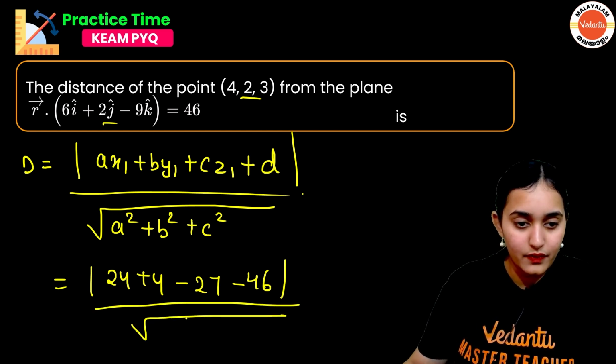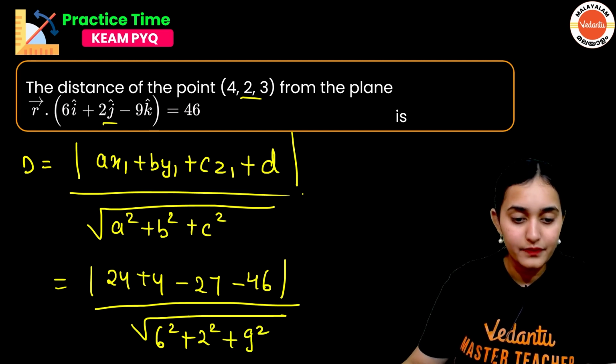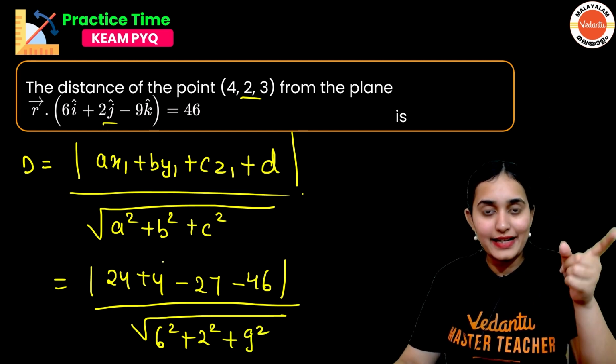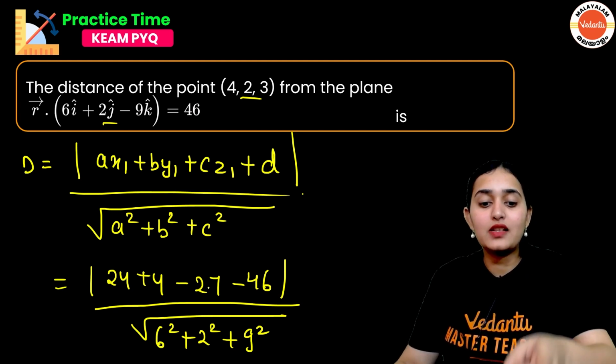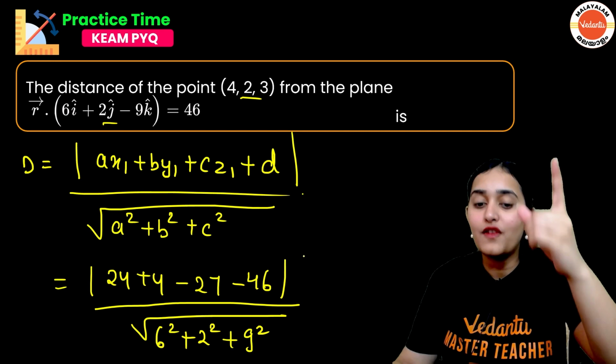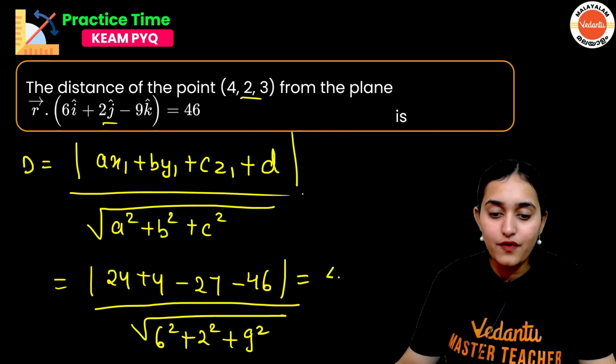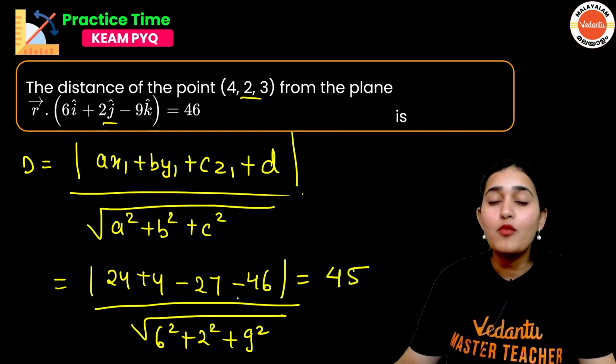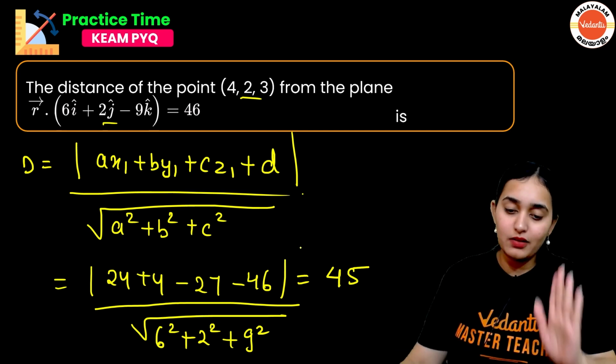Upon root over 6 square, 2 square, 9 square. So 24 plus 4, 28. 28 minus 27, 1. 1 minus 46, 45. So this is 45. Mod value, so not minus 45, it will be plus 45.